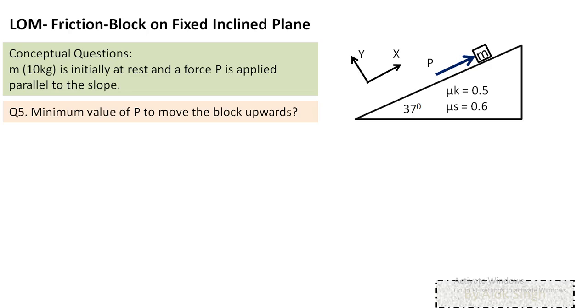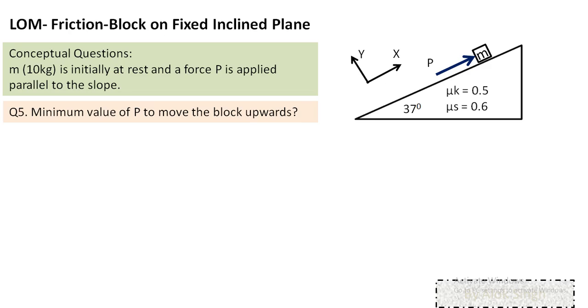Again, to continue this question, what should be the minimum value of P to move the block upwards? What has to be the minimum magnitude of this force P to move the block in the upward direction? Again, pause, solve, restart.